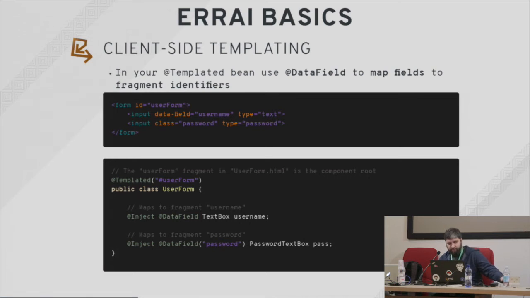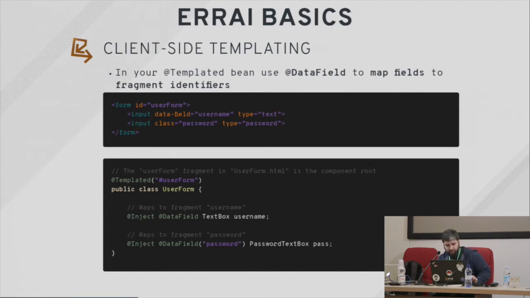In your templated bean, you use the data field annotation to map your Java fields to elements in your template. For example, in this user form class we have on the screen, the text box username, because the name of the Java field corresponds to a fragment ID in our template, this text box will replace the input element with the username data field.